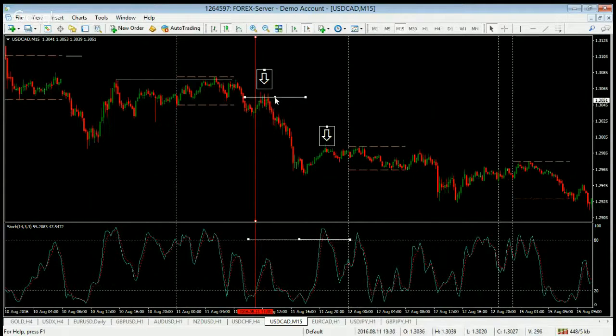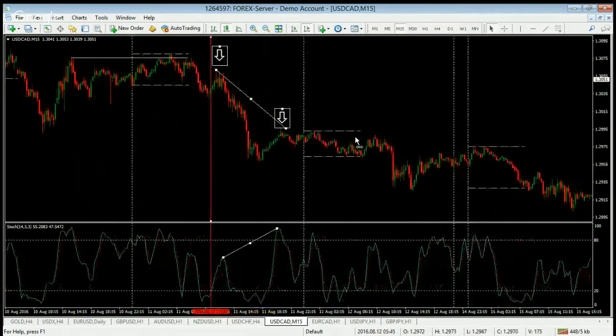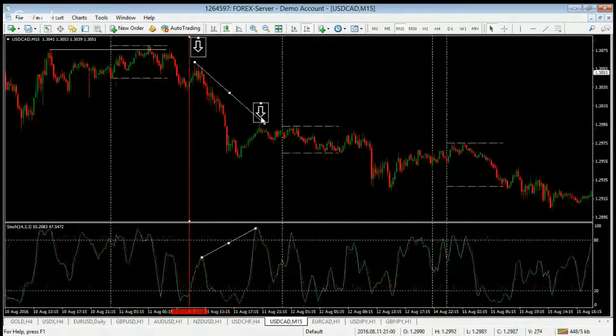Basically the price was making a lower low, but look at this stochastic, caught in the act, making a higher high. So if you got in here, you could have maybe a 20 pip stop. See, this is another entry here.